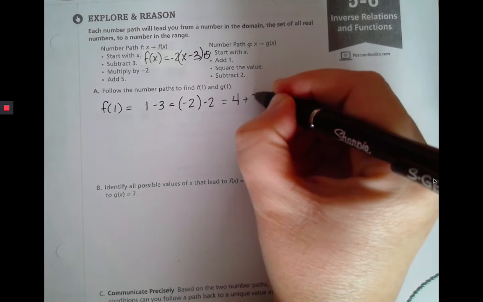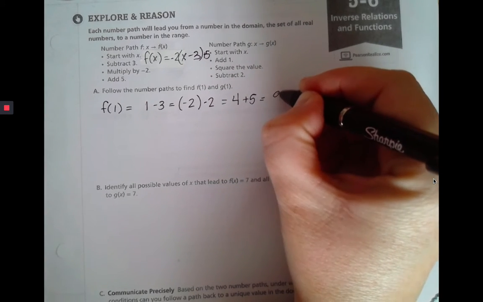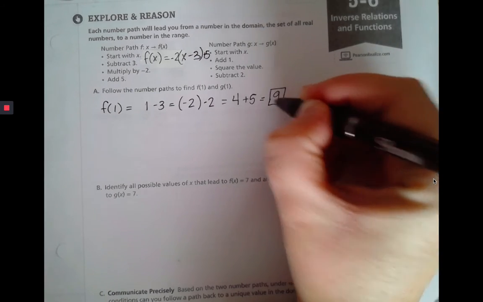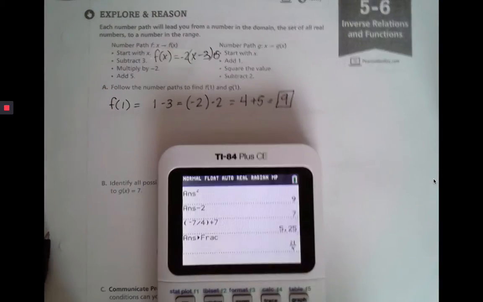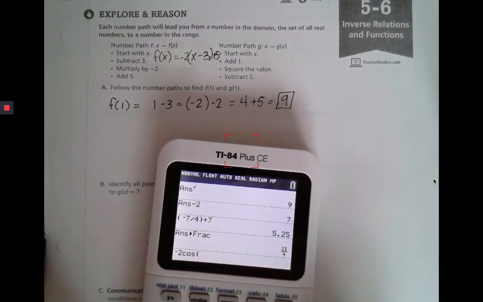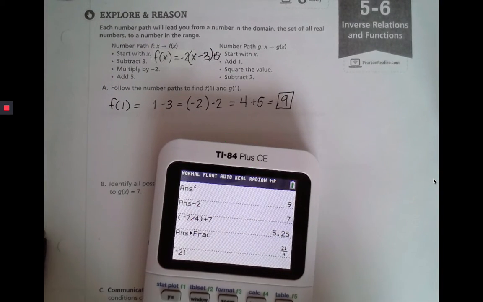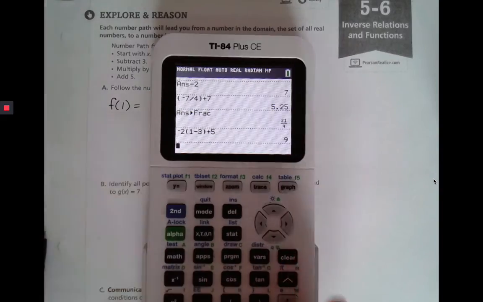And then we add 5, so f of 1 should equal 9, right? So let me plug it in that equation that I came up with to see if my equation was correct. And yep, we did it right.